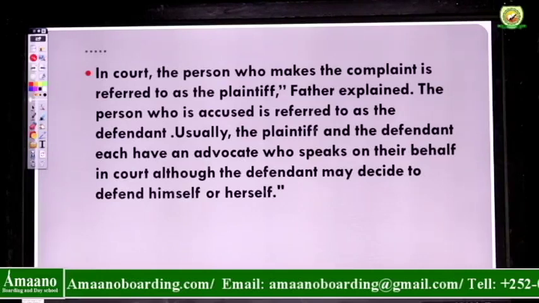The person who is accused is referred to as defendant. Usually, the plaintiff and the defendant each have an advocate who speaks on their behalf in court, although the defendant may decide to defend himself or herself.